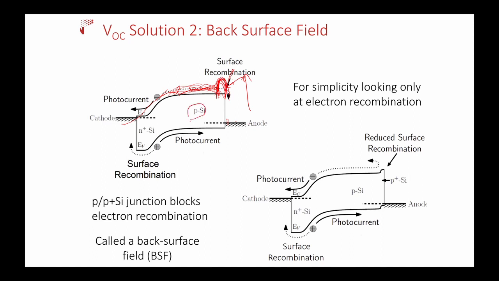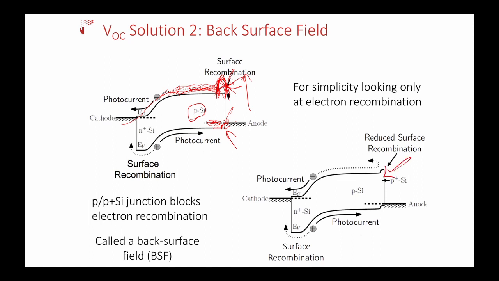So this is p type silicon. If we make this junction a bit more p plus, there will be a hill. This is the Fermi level. If we make a p plus junction at this point, the Fermi level will be closer to the valence band, so it will go like this, and there will be a kind of hill at this point.